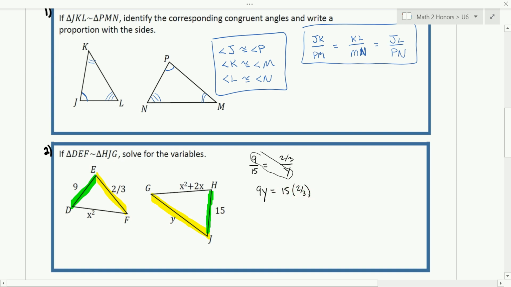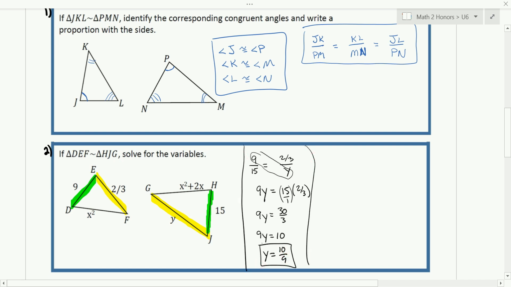And how do you multiply 15 times 2/3? 15 over 1. So 15 times 2 and 1 times 3, so 9y is 30 over 3, or 9y is 10. So y is 10 over 9. So we solve for y.